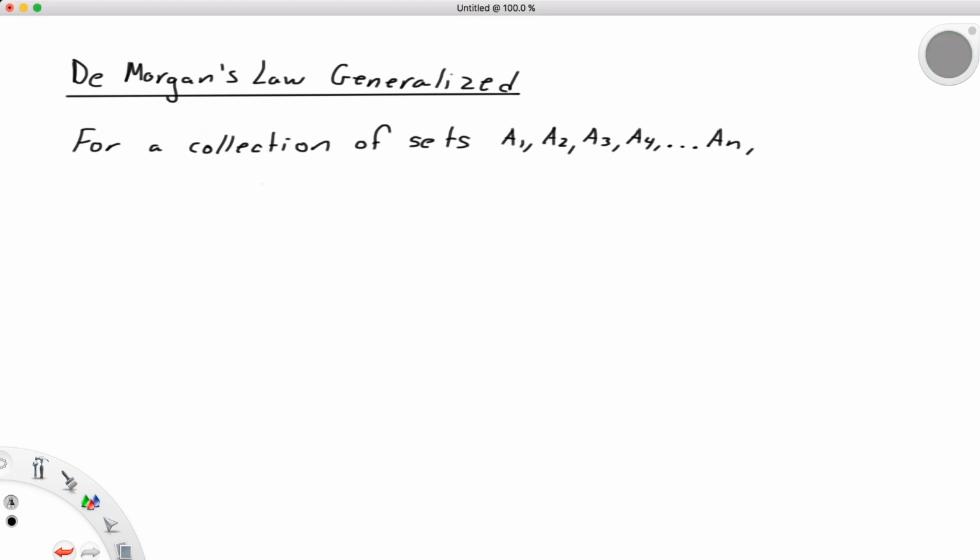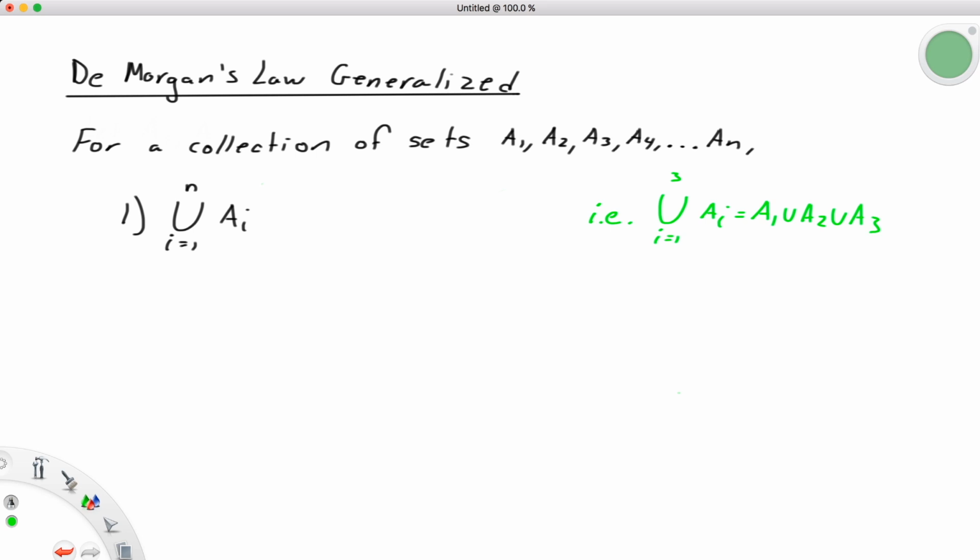Then, to represent the union of all of these sets, we'll write a large U and an Ai, then writing a small i equals 1 below the union symbol and a small n above it. This is to signify that we're taking the list of all of the A's from 1 to n. So for example, the union from i equals 1 to 3 would be A1 union A2 union A3. We can write a similar notation for intersections as well, just flipping this sign upside down.